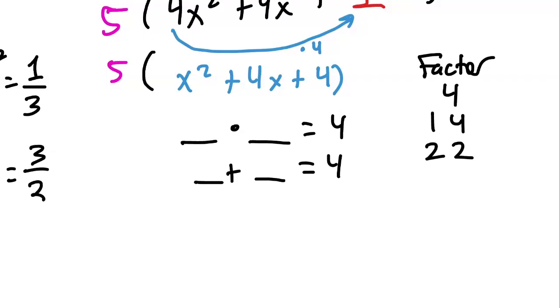Well, 2 and 2 is correct. All right. So out of these two pairs of numbers, what multiplies to 4 and adds to 4? 1 and 4 does not make 4.